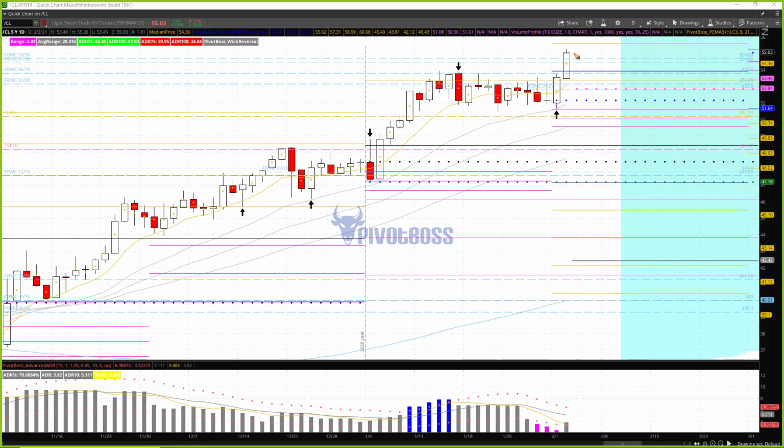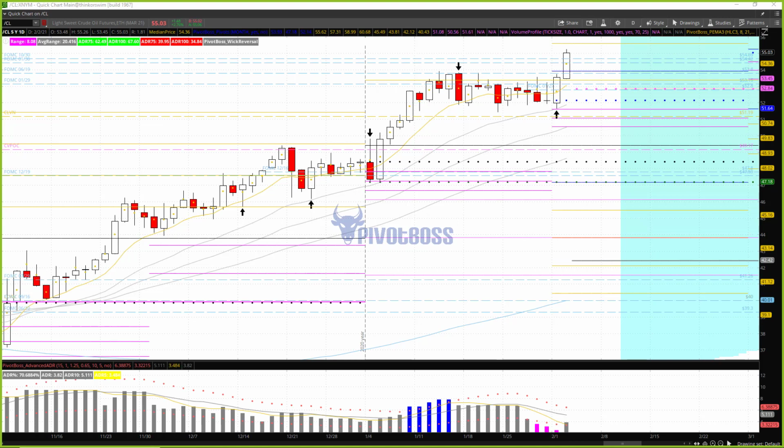But I do think that any morning weakness the next morning could offer an opportunity to buy the dip and look for this thing to continue higher. I would say, though, if this thing can't close above 54 or especially 53.50 on a daily closing basis, you might want to be careful there, because at that point we might be looking at some sort of blow off top or higher high failure type of scenario.